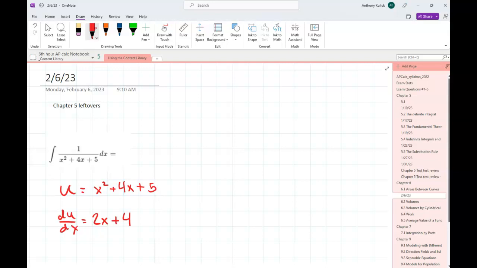So this is a U sub problem, but this is not the correct substitution. And it's not entirely obvious on looking at this what the correct substitution should be. Here is your hint.